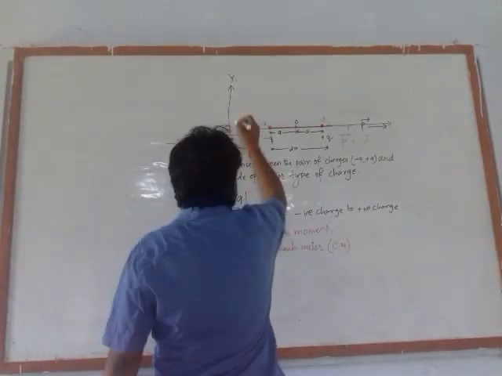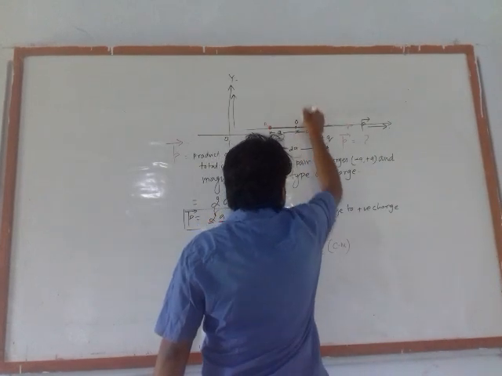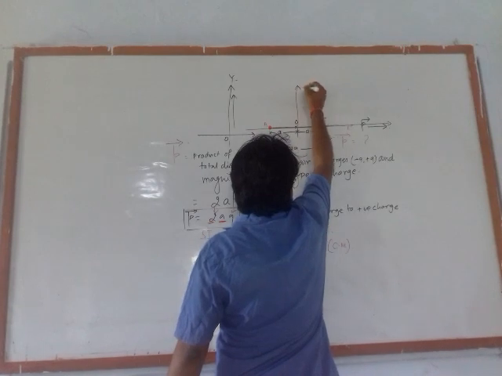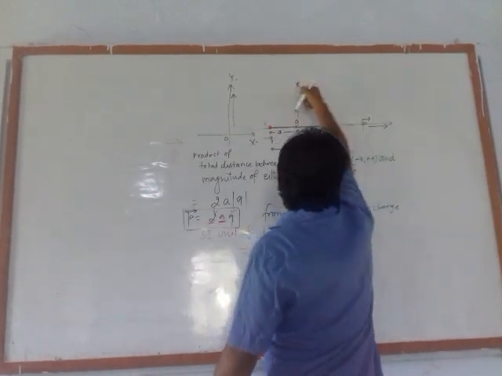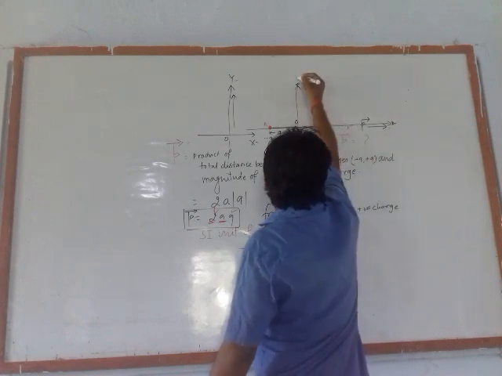And if I draw one line perpendicular to the line joining A and B, this will be the equatorial line. So there are two points, one here and one here.